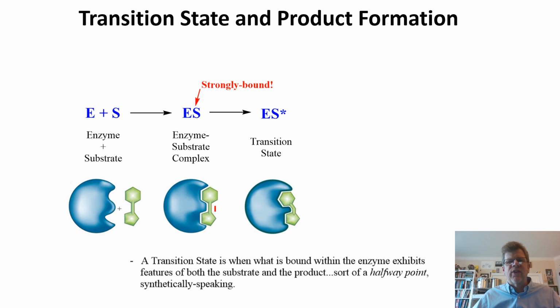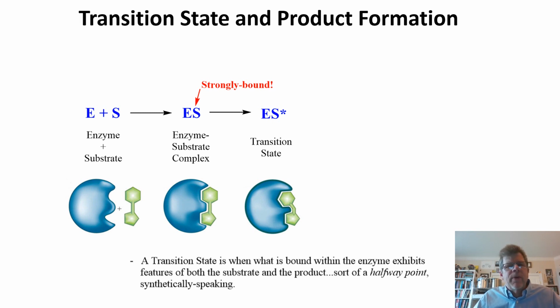Notice right here on this fanciful design that the representation of a covalent bond is bending. There's no such thing as a bent covalent bond, but this is again a very representative view. But what we see here is a transition state.